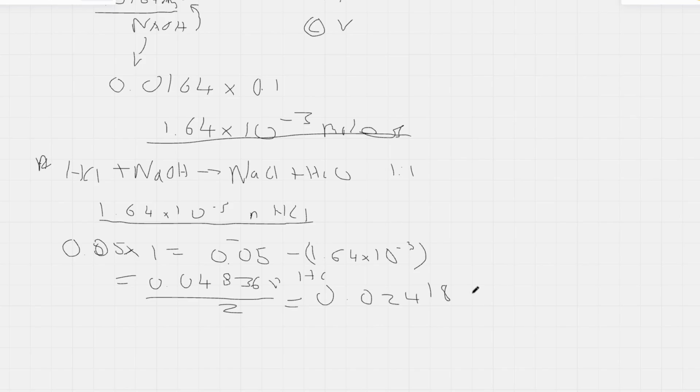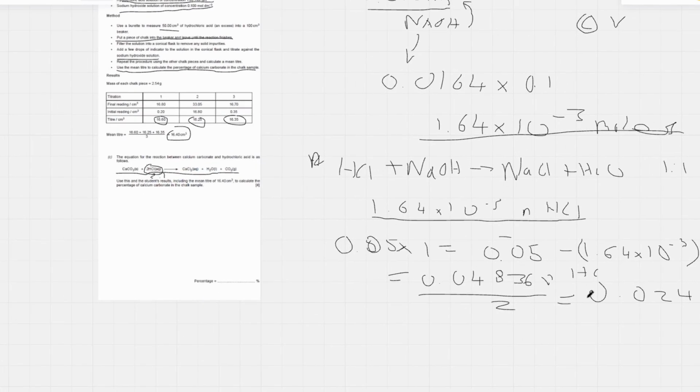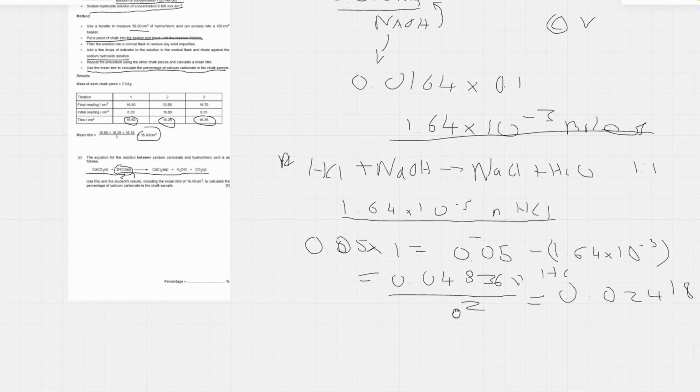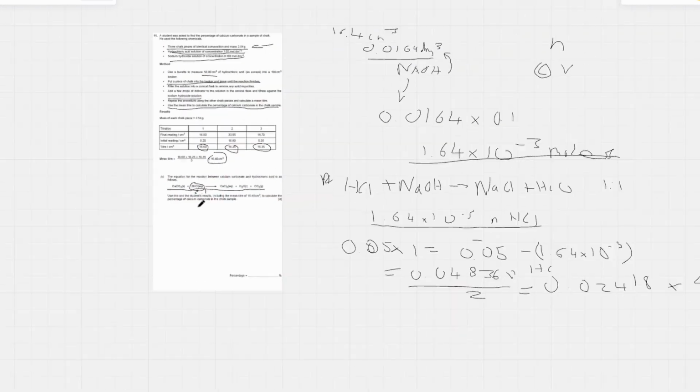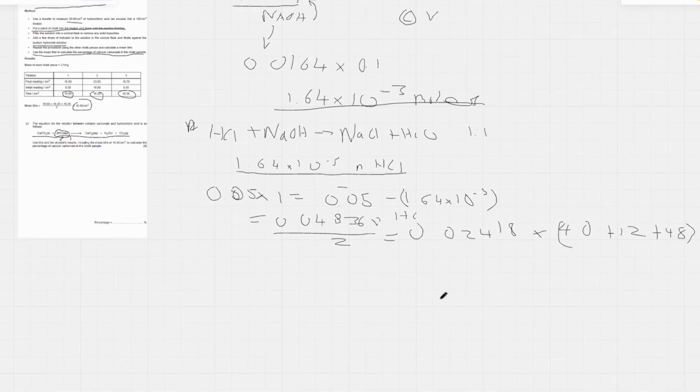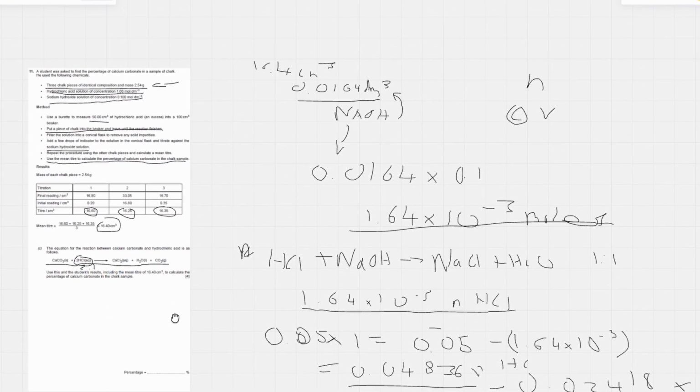Ca is 40, so we have to times this by 40 plus 12 for C, and then we have O3, which is 48. And this will give us our mass in grams of pure calcium carbonate, and it's equal to 2.418 grams. That's the mass of pure calcium carbonate.